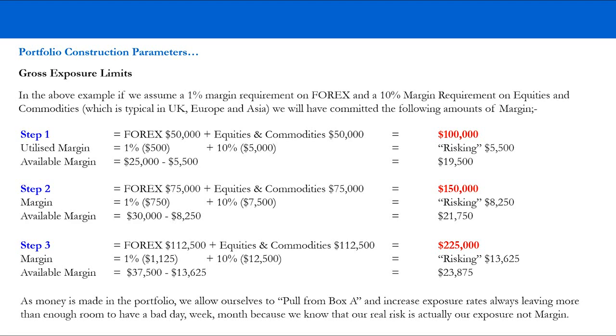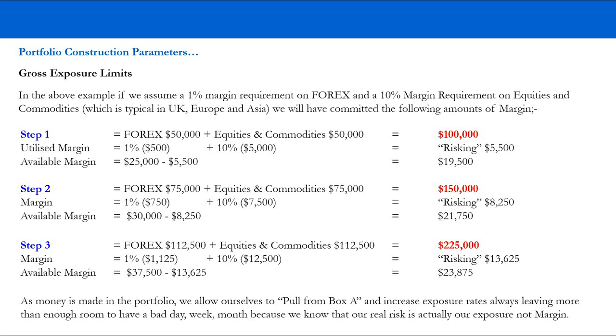So you can see here that as we're making money, we're increasing the amount that we're allocating towards risk. So risking 5,500 out of 25,000, 8,250 out of 30,000, 13,625 out of 37,500. So the proportion of margin that we're risking increases.